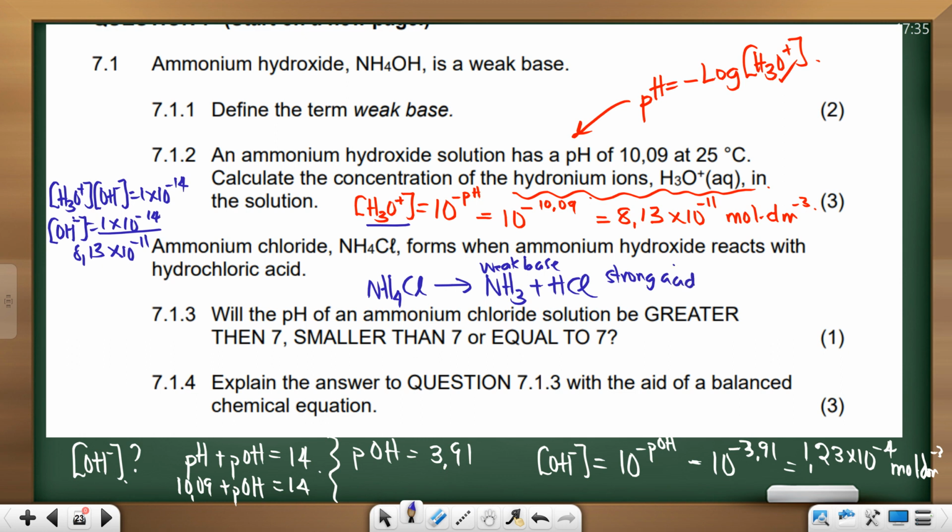This is a common compound they use in acid and base questions. HCl is a strong acid. So what is this? It's an acidic salt. Means the pH is what? If you have been practicing, you must have seen that. You don't even need to think at the moment.